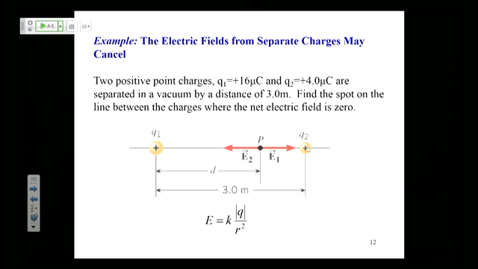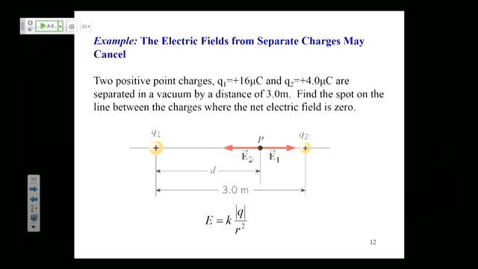Q2 is positive, so it will serve as a source for the electric field, not a sink. So if we assume that at some point, like point P here, the two fields are equal in magnitude, opposite in direction, the net field can be 0.